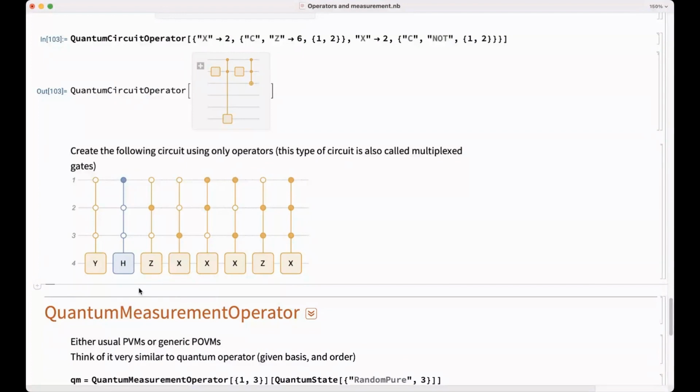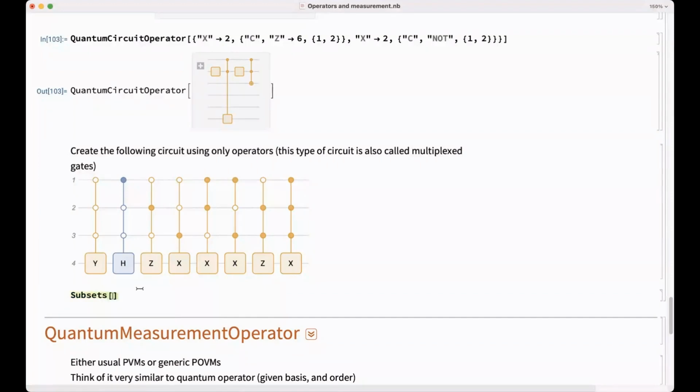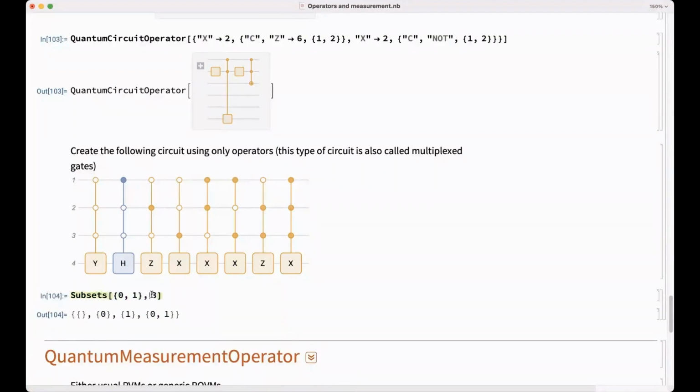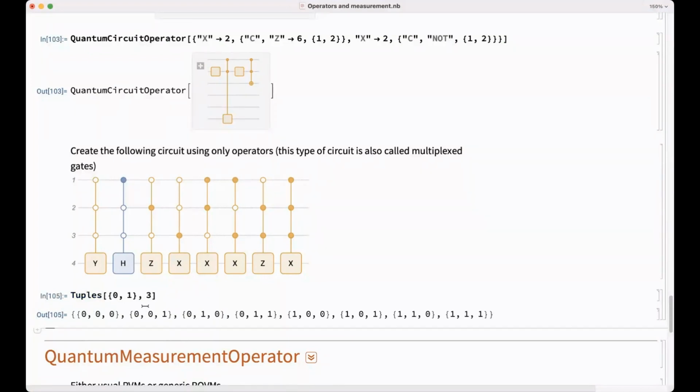This is basically all the subsets of 0 and 1, not sublists, tuples. So this is exactly the same order as you see there.